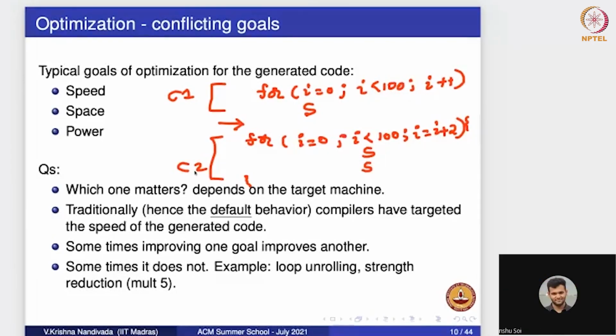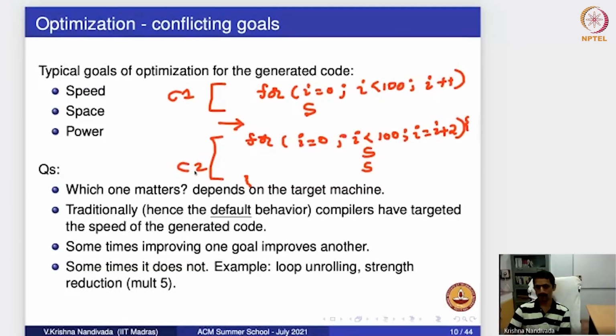Loop unrolling. Right. So what I'm doing is I have unrolled this loop. Here in each iteration, I was executing one instance of the body S. In each iteration here, I'm executing two instances of the body S.